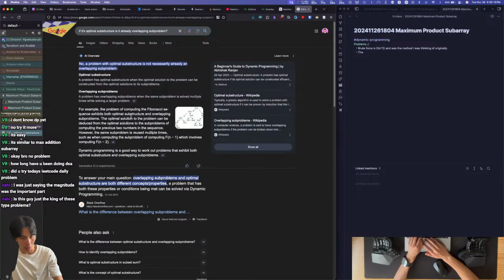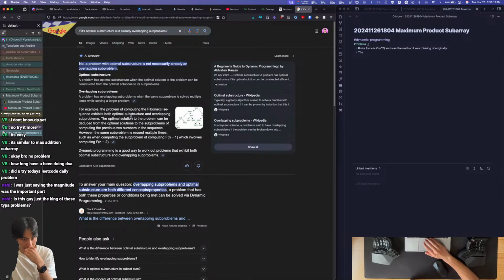No, it's not. So I guess it is overlapping subproblems if you consider it as sets that need those same multiplications. Yeah, okay.